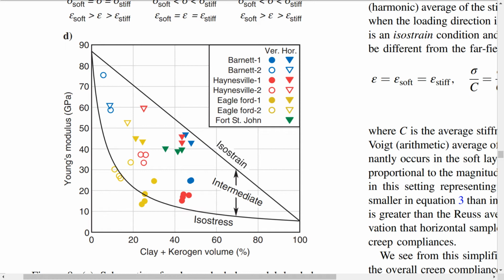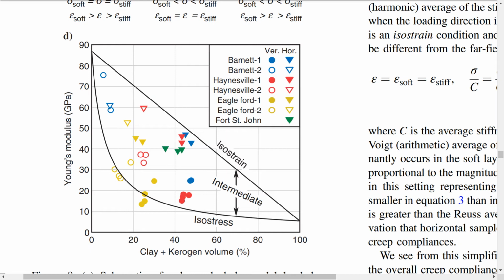Let's now see the horizontal and vertical. Let's go first with the horizontal. Horizontal values are the inverted triangles, and you see that for the same type of rock, let's pick this Barnett, number 1, horizontal Young moduli tend to be larger than vertical Young moduli.